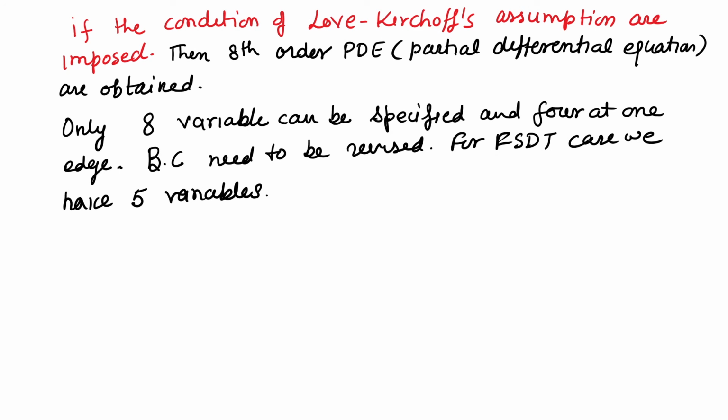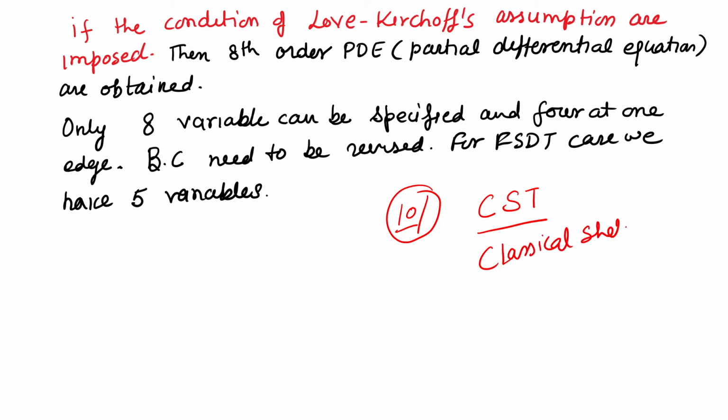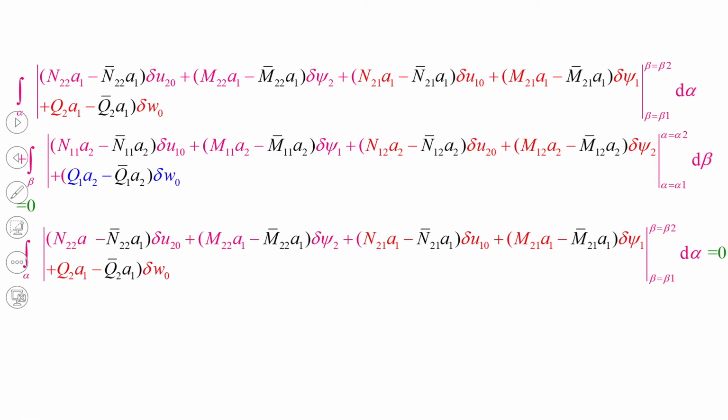For the case of FSDT, we have 10 boundary conditions, but in the classical shell theory, sometimes called CST, it will have 8 boundary conditions. So, for that purpose, we have to modify the boundary conditions.